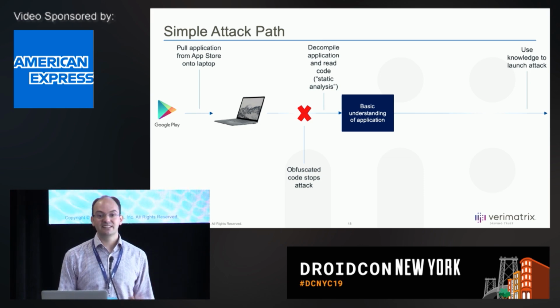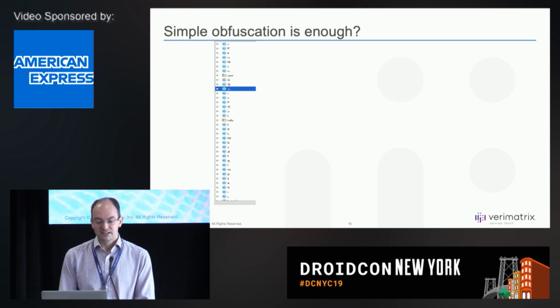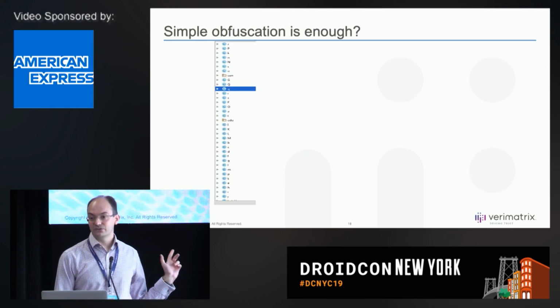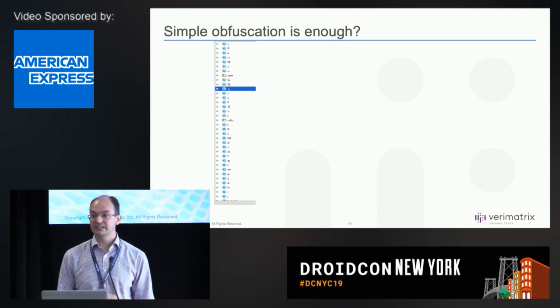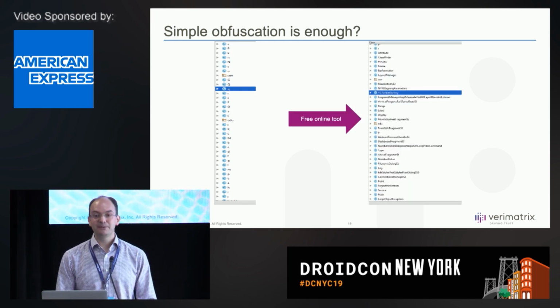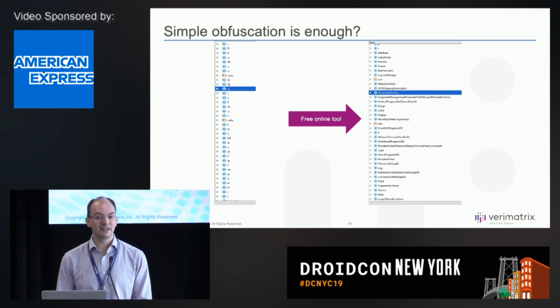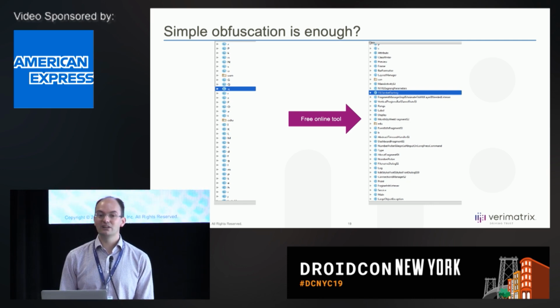And a lot of people think this is enough. If you obfuscate your code, you'll stop the attack. The challenge is, this is a real example from a bank in the UK that thought they were secure. They had done some very simple obfuscation, admittedly, but our attack team was able, with the help of some free online tools, to put a lot of the data back in the application, back in the code that had been removed.